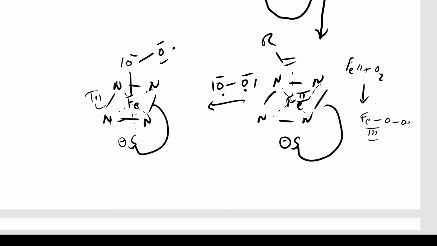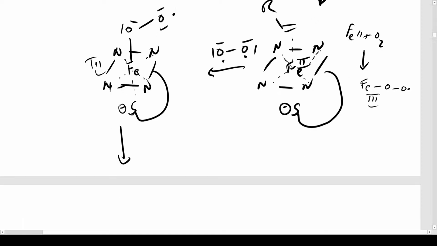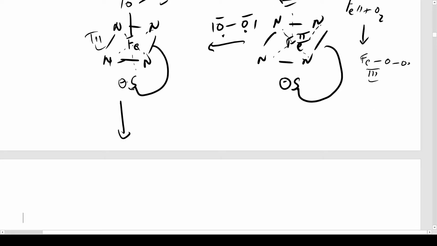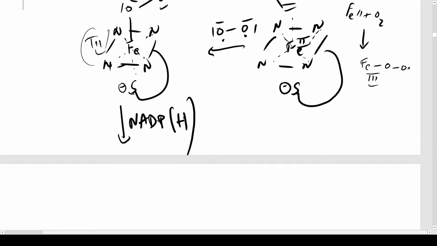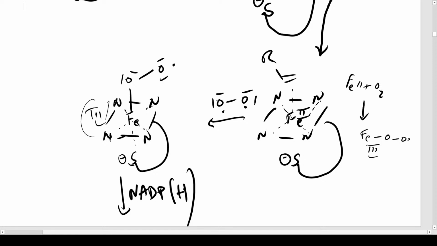Then you need one mole of NADPH, so you have an iron 3, to reduce your dioxygen here to get a negative charge at this position.